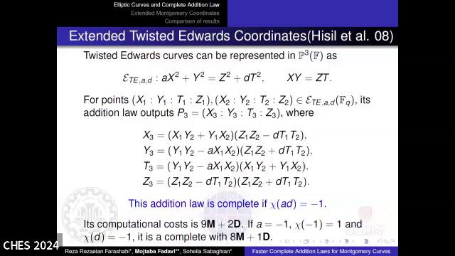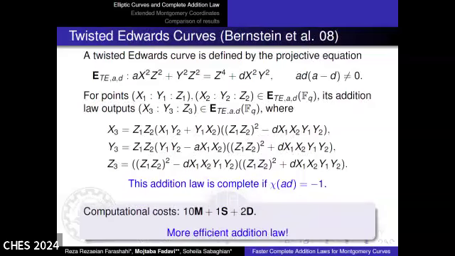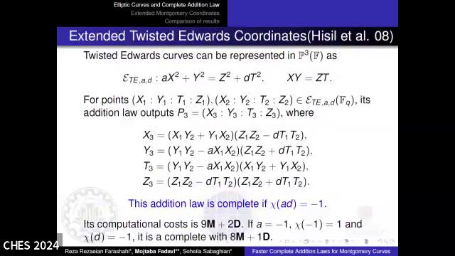It requires only 9 multiplications plus 2 multiplications by a constant element, and in specific cases, its computational cost is 8m plus 1d. If we compare this representation with the previous one, we'll see that it requires at least one multiplication, 1 squaring, and 1 multiplication by a constant element fewer than the previous case.